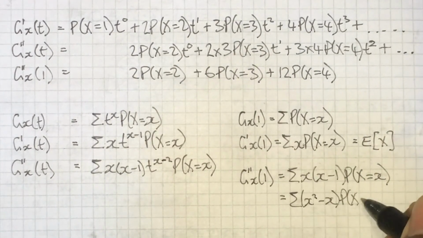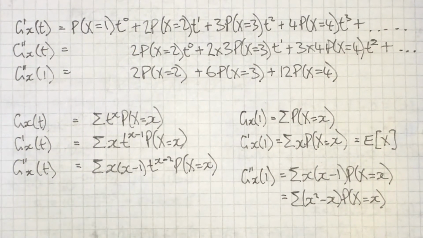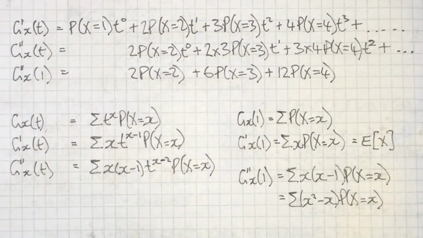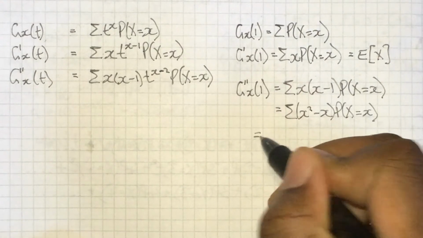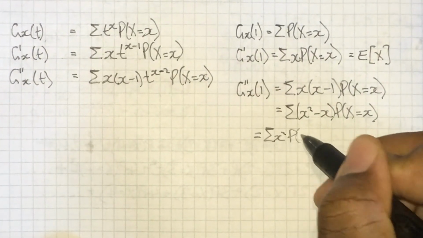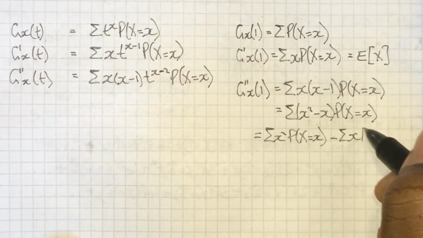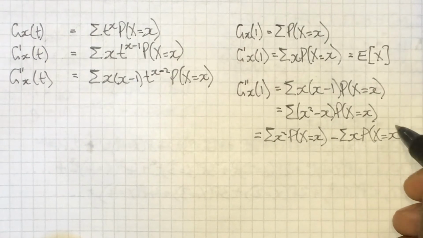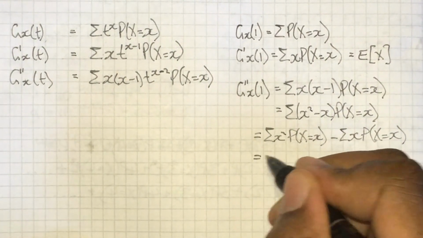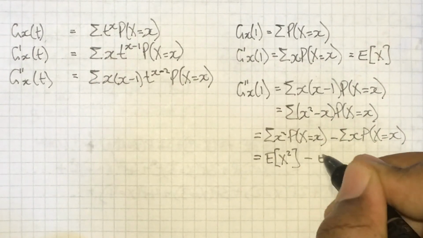So let's multiply the x and the x minus 1, and I'm going to take it one step further and see if you can start to recognize what we have. We expand those brackets on the inside of the summation. We then get the sum of x squared multiplied by the probability, subtract the sum of x multiplied by the probability. Each of these we should actually recognize. This first one is the expectation of x squared, and the second one is the expectation of x.